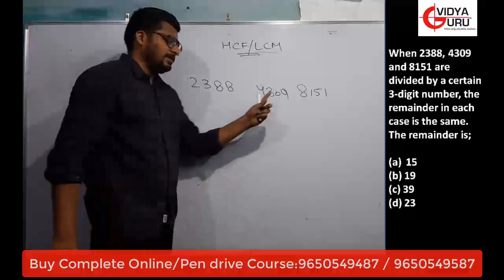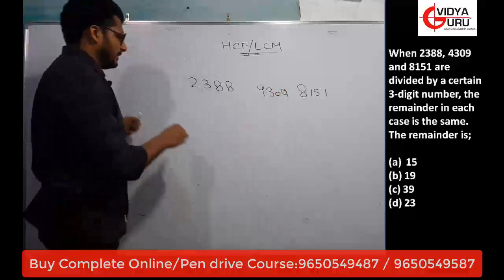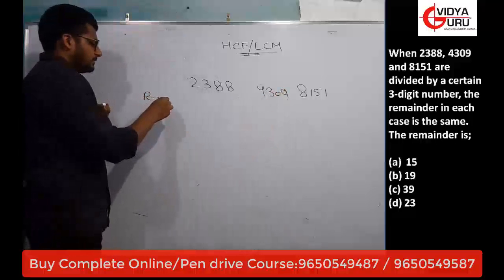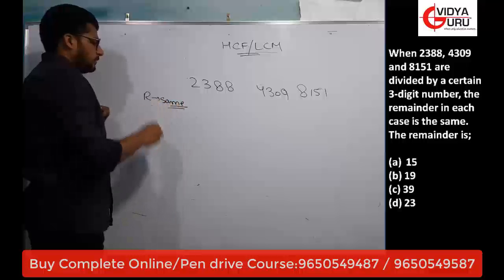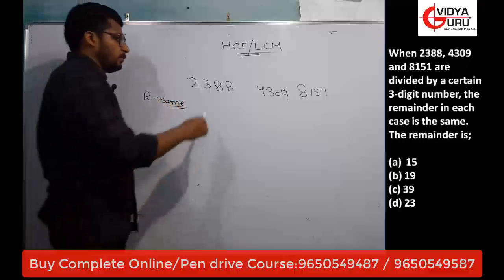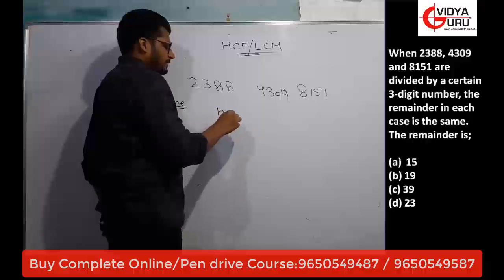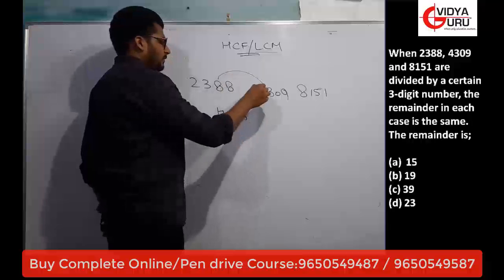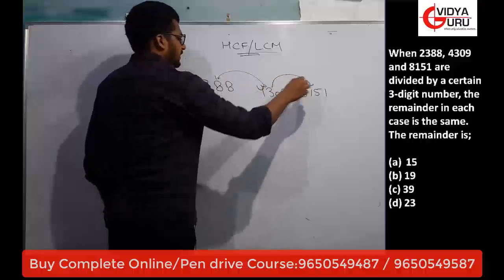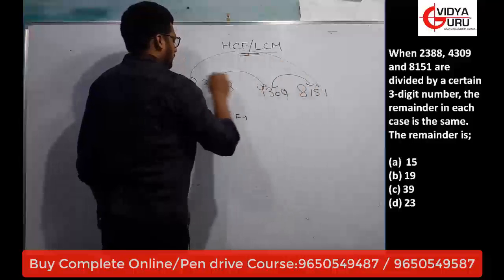The question is saying these numbers are divided by a certain 3 digit number and the remainder is the same in each case. So in this type of question, what we need to do is find the HCF of the differences of these numbers, the difference of these two, and these two, and these two.